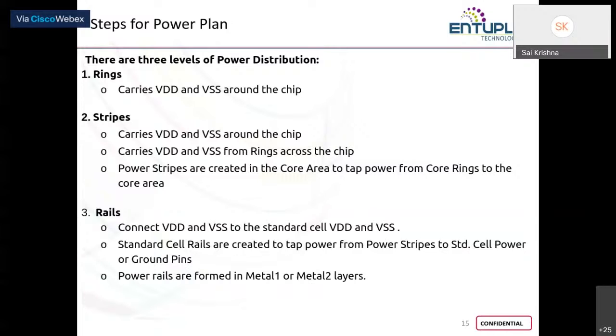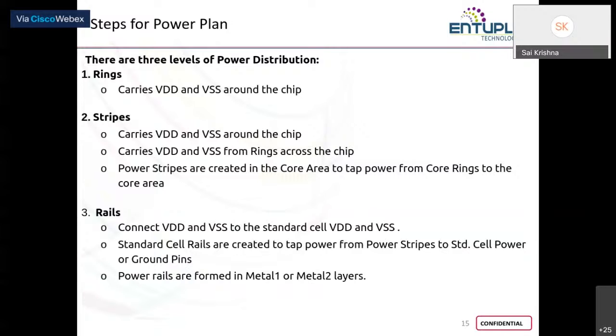Your voltage drops and there would not be enough power for your standard cells to operate. So we always take the top highest available metal layers. Let's say if I have 11 metals, 1 to 11, I'll use metal 11 and metal 10 for creating my power rings and power strips.